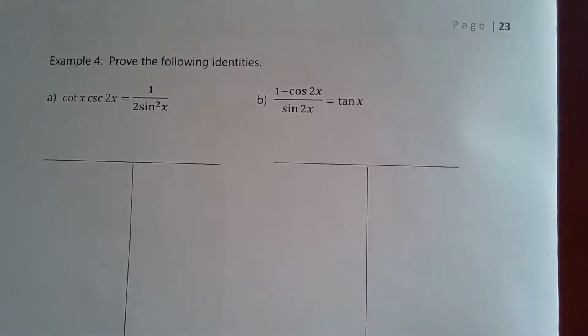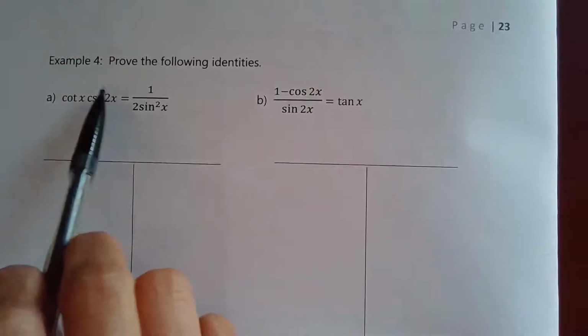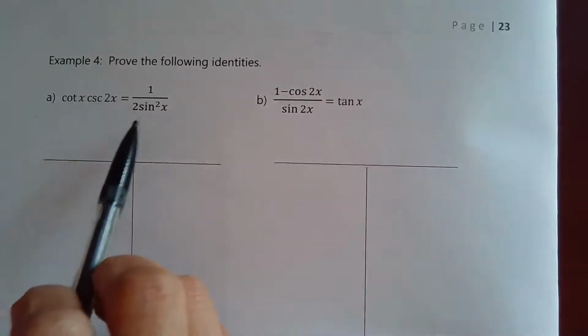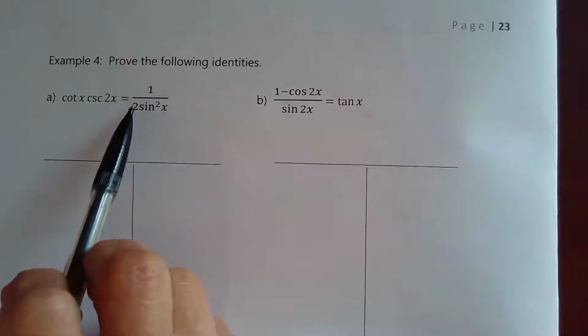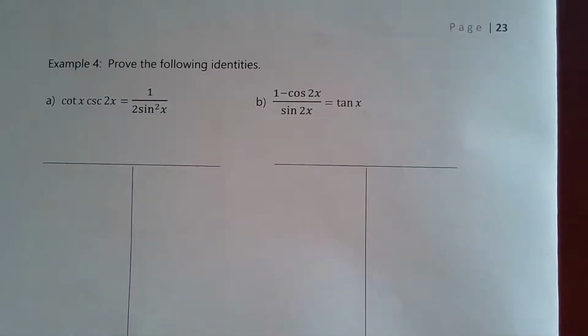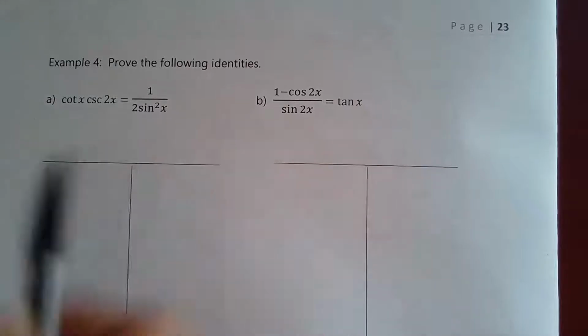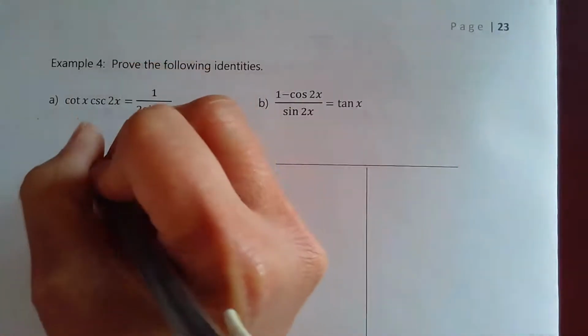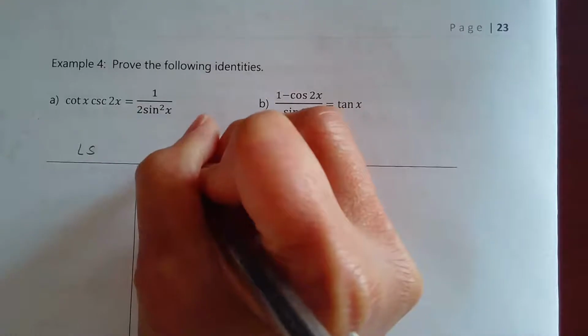Okay, so in this particular case, this one looks the more complicated, whereas this one is just going to be 1 over 2 sine squared of x. Okay, so we're going to start with this side. This is the left side, and then the right side.